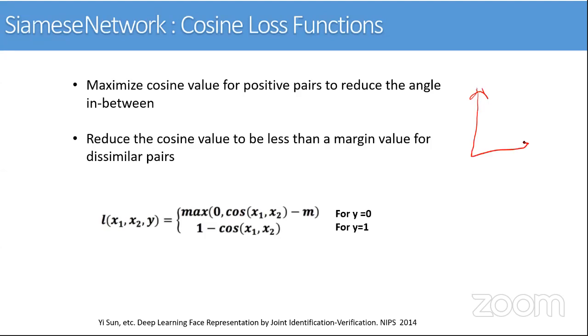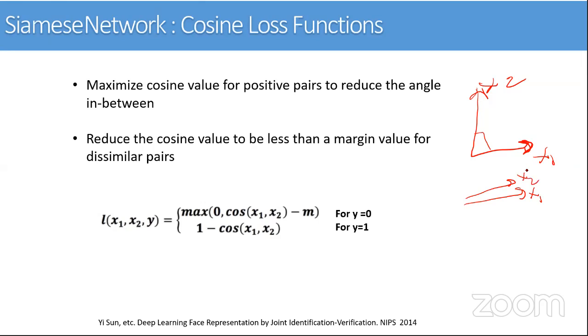Let's say if x1 and x2 are two features extracted from different images, then we have the intuition that if x1 and x2 are orthogonal, that the angle between them is 90 degrees, then we say that they are different. And if x1 and x2 are in the same direction, we say that they correspond to similar entities.